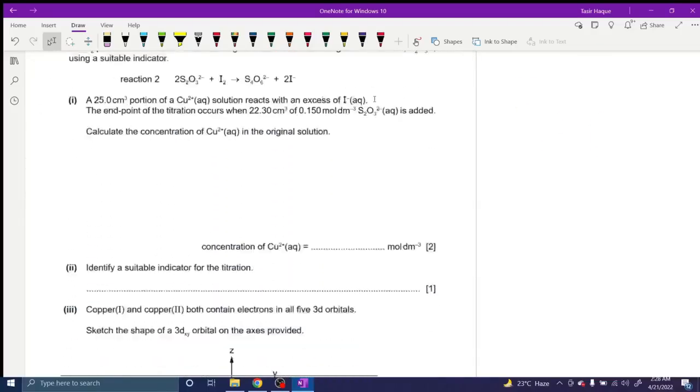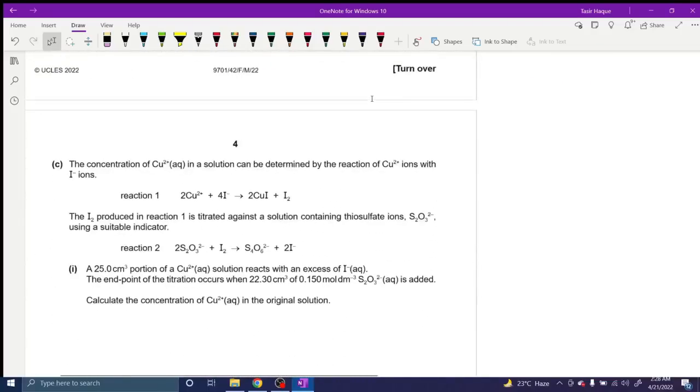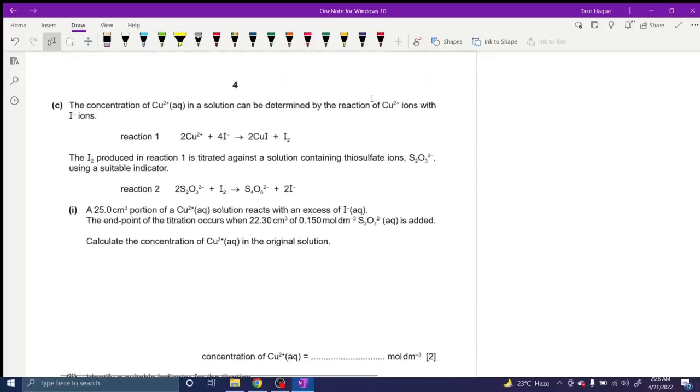Next, the concentration of copper in a solution can be determined by reaction of copper ions with iodide. Interesting. The iodine produced in reaction 1 is titrated against a solution containing thiosulfate. This is important. We use starch as the indicator, right? So a 25 cm3 portion of copper solution reacts with an excess of iodide.